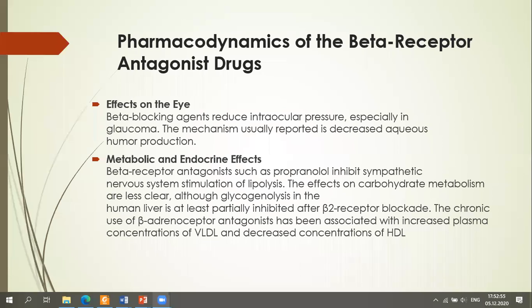The beta blockers are related to glycogen production too, and when the receptor is blocked, glycogen release is affected too. Glycogenolysis will be inhibited in that condition, but not fully stopped.